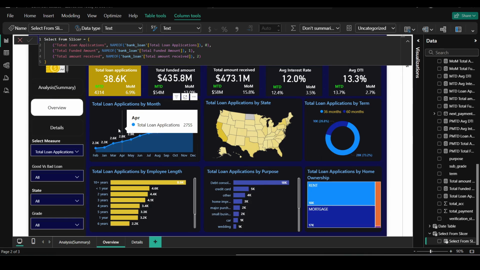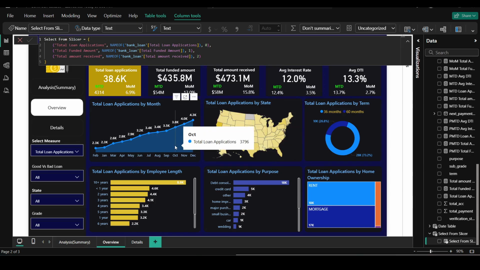So this is how field parameters help in easily breaking down different fields and easily toggling between different fields without actually doing it manually for all the charts.